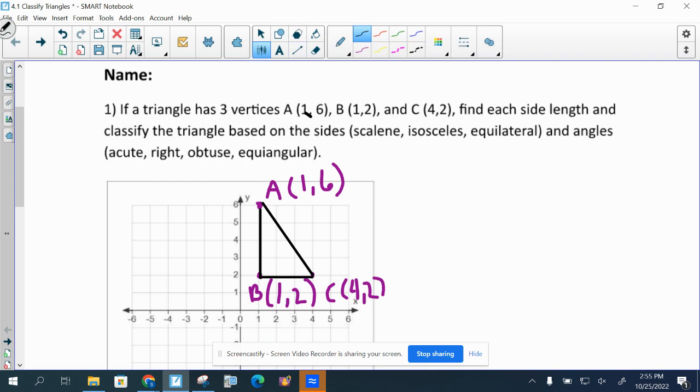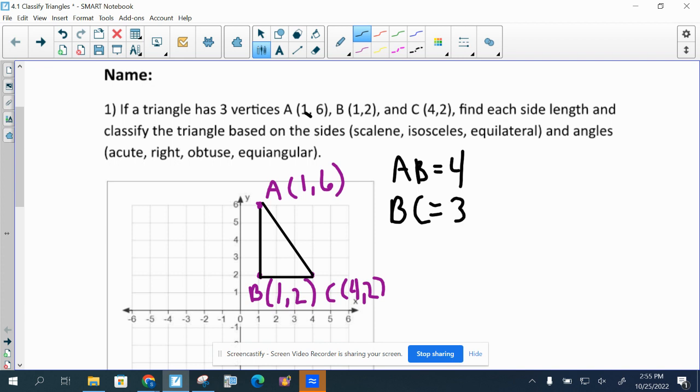Now to figure out the lengths, since AB and BC are vertical and horizontal, we can just count. So AB looks like it's 1, 2, 3, 4 units, and BC is going to be 1, 2, 3 units.